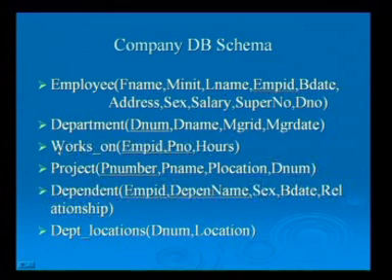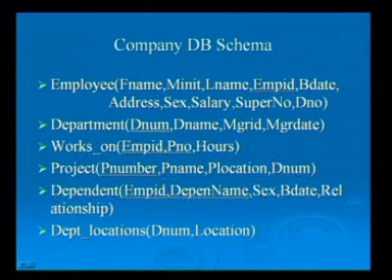Works on is a relation that combines employee ID and the project numbers and the number of hours that each employee is working on each project. And the project relation has got project number, project name, project location, and the department number, because departments are controlling or managing the projects, and there are dependents for the employees.